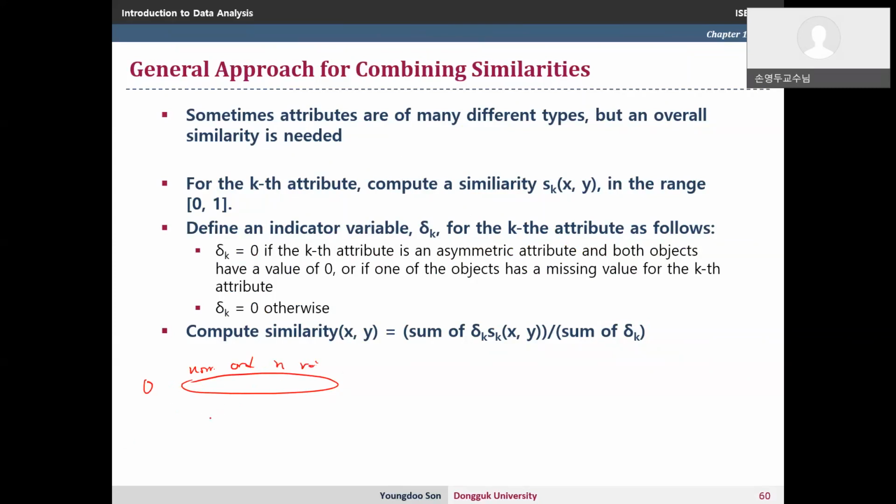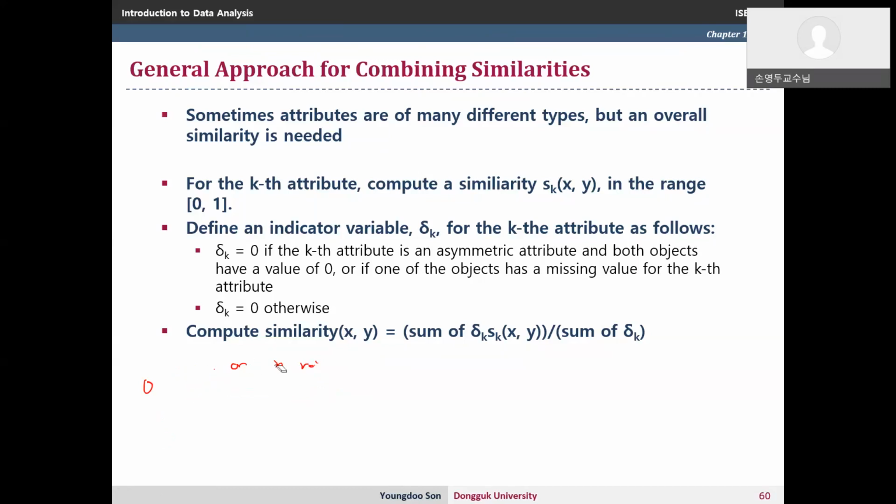For each type of attribute, the way to calculate similarity and dissimilarity can be different. However, there are many cases where we need to combine these similarities.